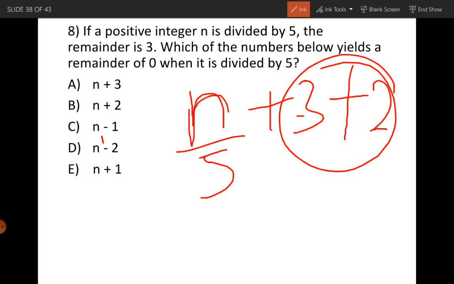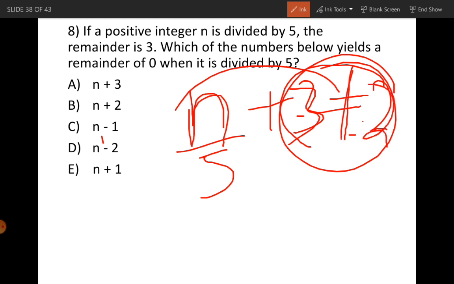So if we add 2 to this number, the whole number is divisible by 5. That is, the remainder is 3, and if we add 2 to this remainder, then the number becomes divisible by 5. It is simple. So n plus 2 is the answer.